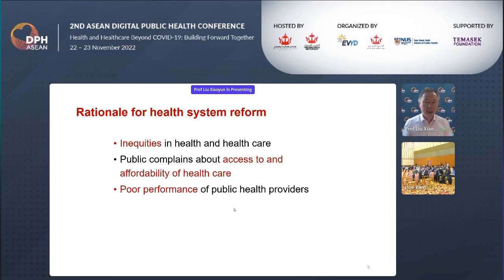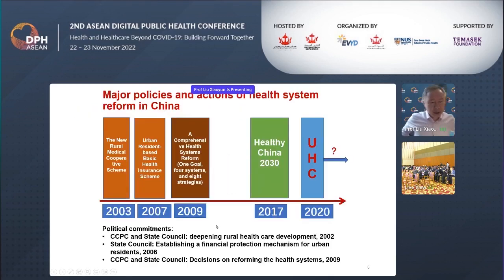And also the public health system, especially the public hospitals, had poor performance, which was also a concern from society and from the policymakers. So based on this situation, China's national government started the overall health system reform in the year of 2009.